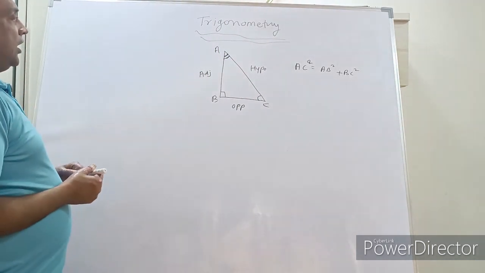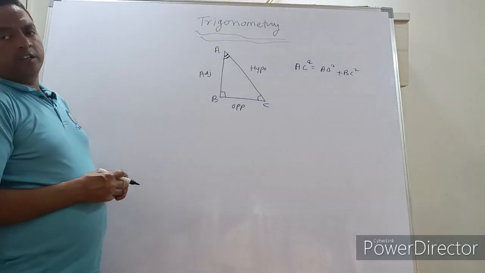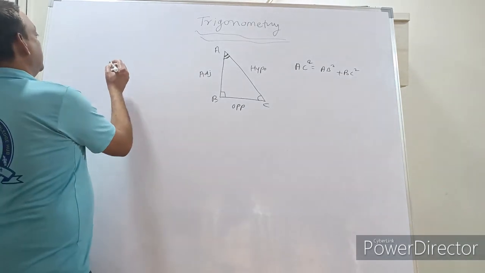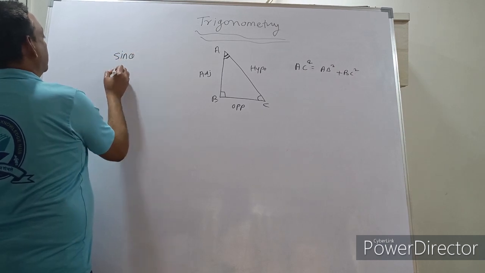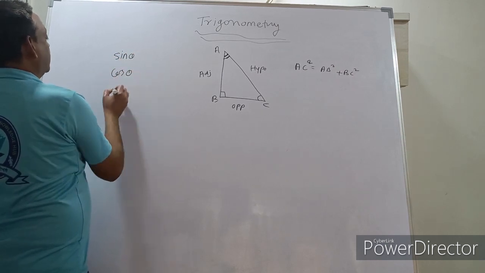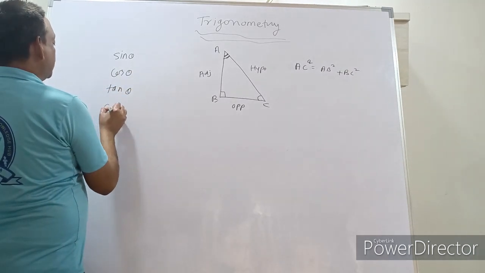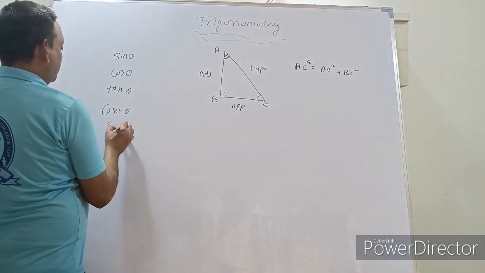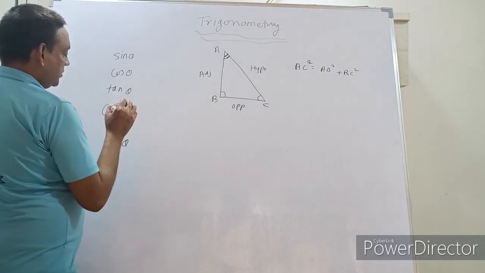Okay, so now let's come to the trigonometry part. So mainly in trigonometry you will be studying 6 things. That will be sin theta, cos theta, tan theta, then cosec theta, sec theta and cot theta.